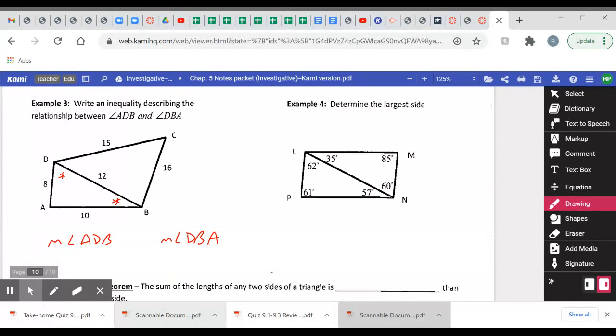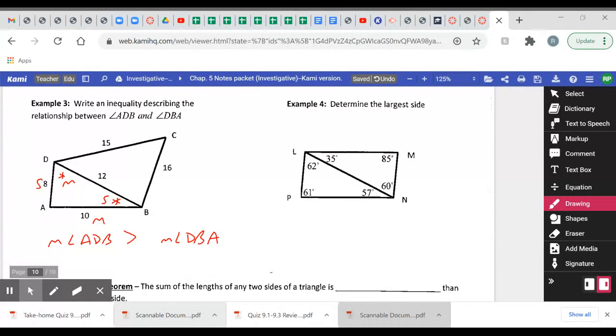Okay, and if I look at my picture, I can tell which one's bigger, which one's smaller. I can see that this is the smallest side, so this is the smallest angle. Here's the medium side, and there's the medium angle. So ADB must be greater than angle DBA. Okay.